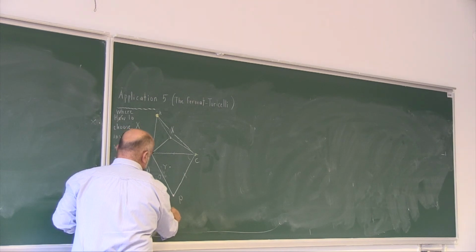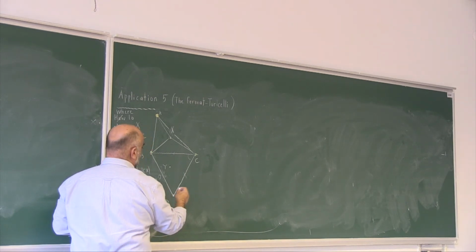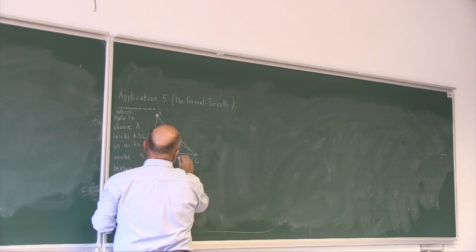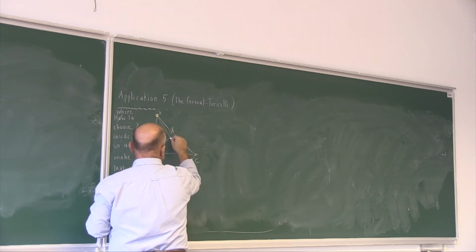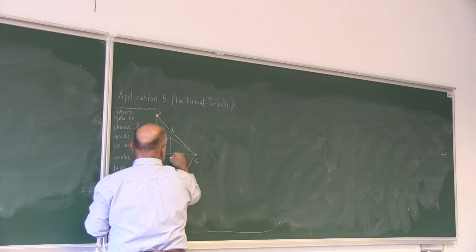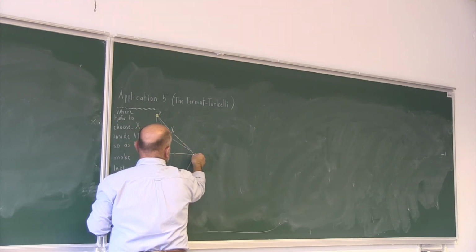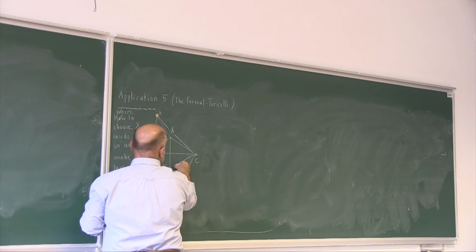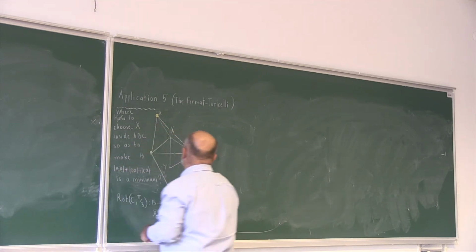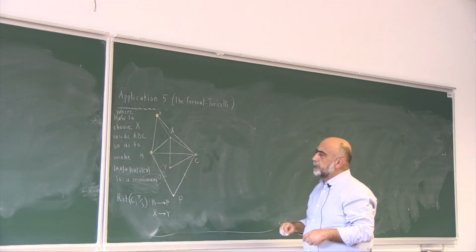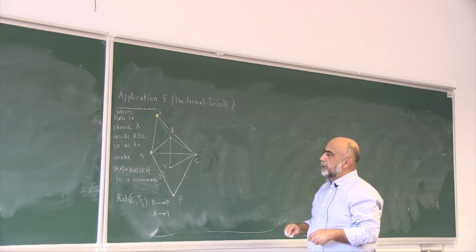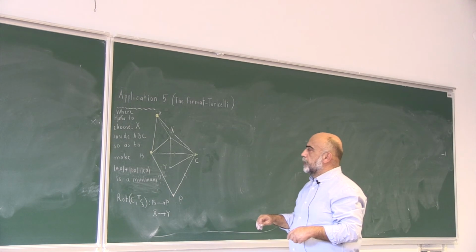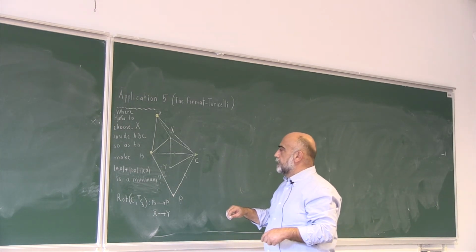X is at the moment an arbitrary point. It's sort of a test point. So that means you have once again yet another equilateral triangle, like this. Okay. Good.